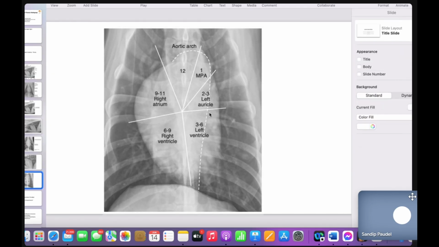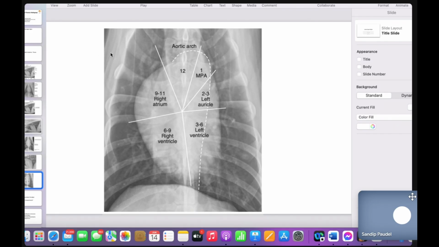And in the ventrodorsal view, this is the shape of the heart we normally see. There is a little bulging here, and it comes like this in this area, and this part is a little flat. Sometimes if we see enlargement of the left atrium, then this area may look a little bulged. This is actually the normal shape of the heart that we see in a ventrodorsal radiograph.